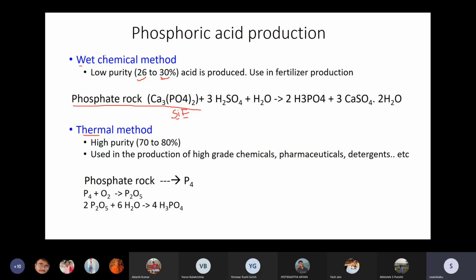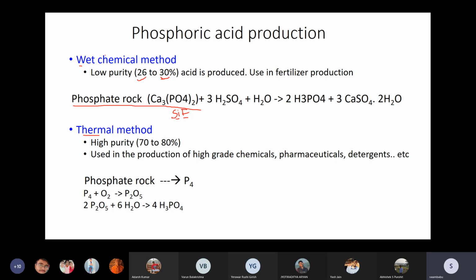Like I said, the predominant component of phosphate rock is Ca3(PO4)2, but along with this, silica and fluoride impurities will be there. Depending upon these impurities, the purity of the rock varies. If the purity of the rock is low, between 26 to 30%, then we use the wet chemical method.